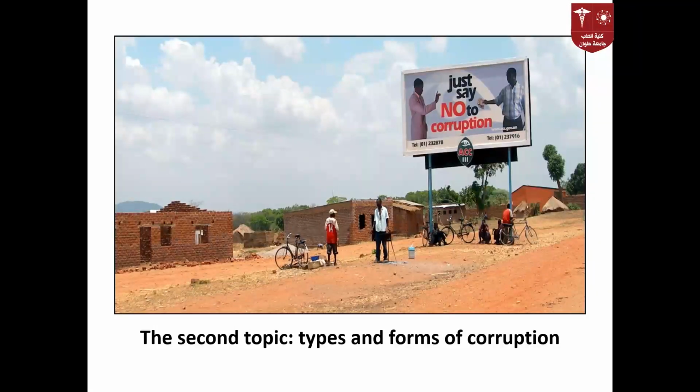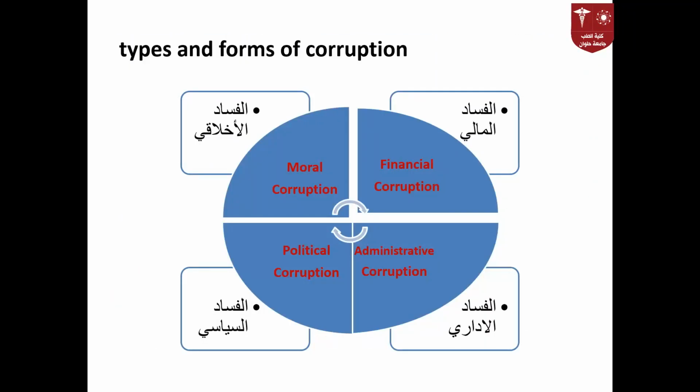We move to the second topic, types and forms of corruption. There are 4 types and forms of corruption: financial corruption, moral corruption, administrative corruption, and political corruption. We will take 2 types of corruption: the financial corruption and administrative corruption.